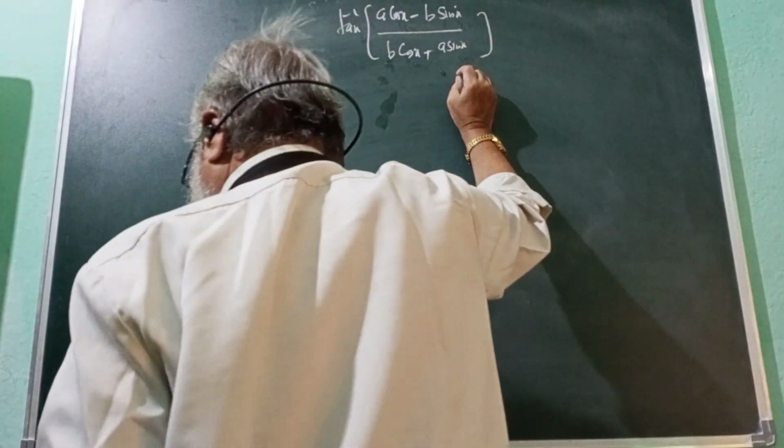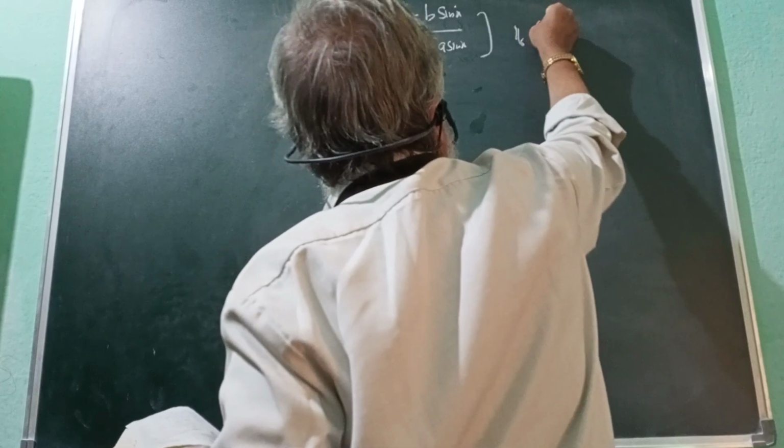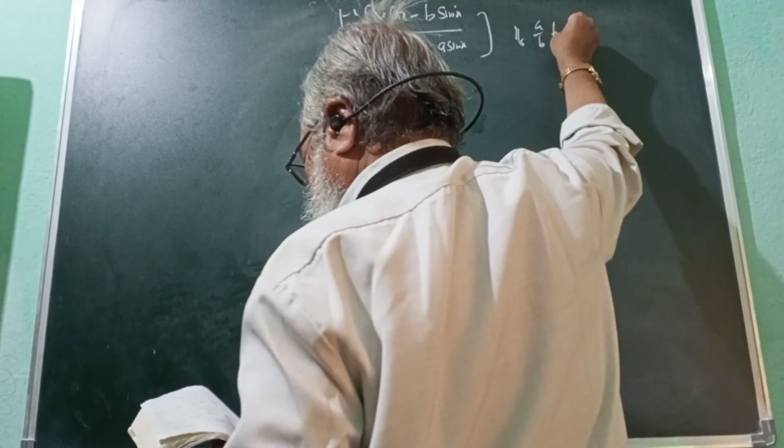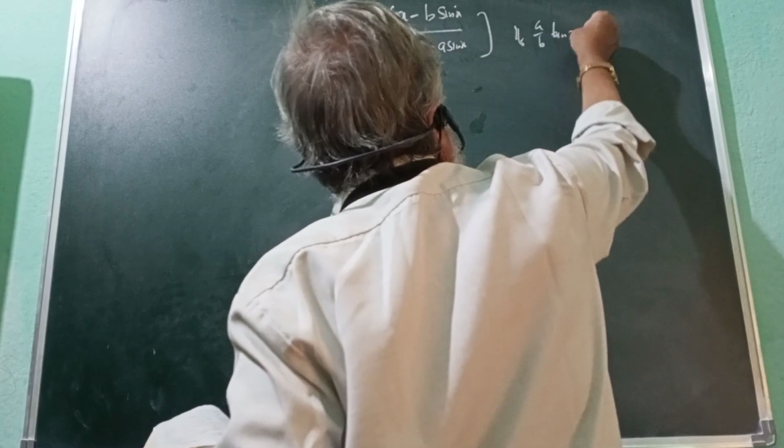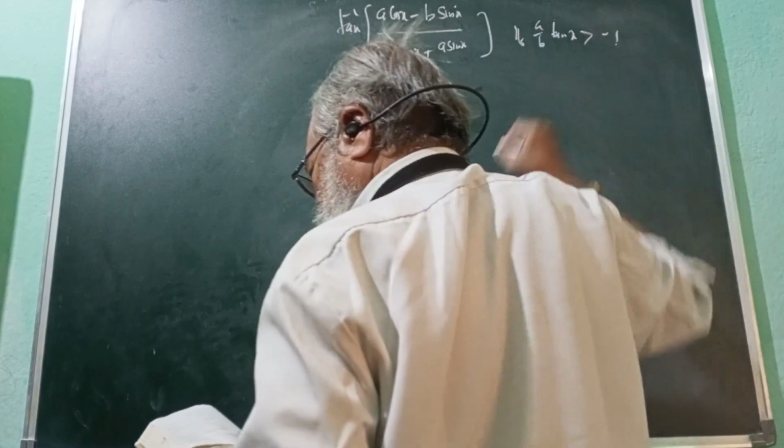And here the condition given is that a by b tan inverse tan x is greater than minus 1.